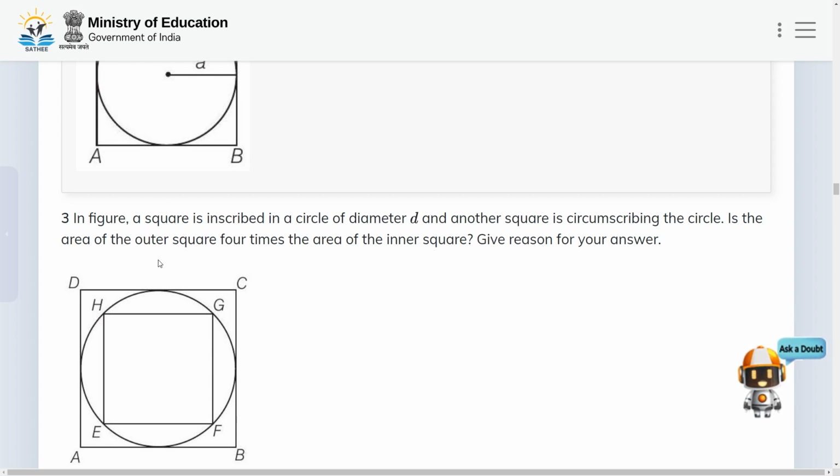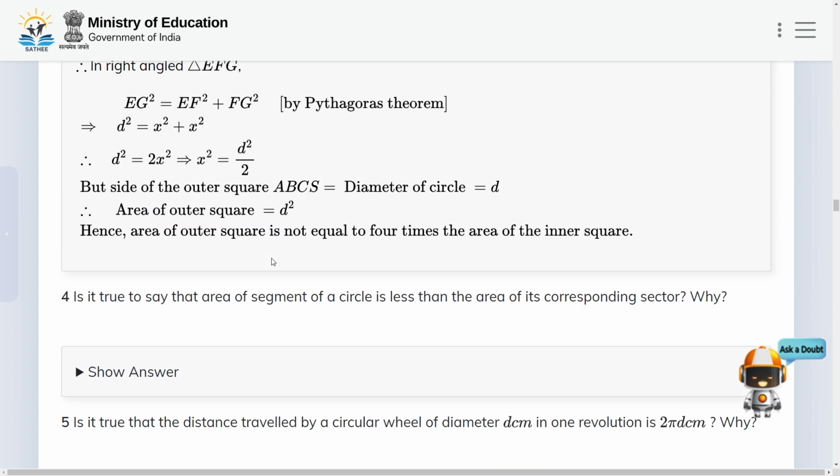So in this figure we have a square inscribed in a circle of diameter d, and another square circumscribing the circle. It is not true that the area of the outer square is 4 times the area of the inner square. And now let us move to the next problem.